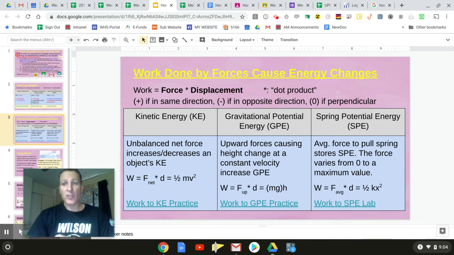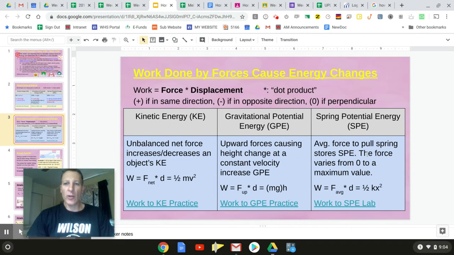Lastly, spring potential energy is a little bit more complicated, and that's because when you are applying a force to a spring, as we've gone over before with Hooke's law, the force needs to get stronger the further the spring stretches, right? So your force is not constant. So for the work done by this force, you'd have to use the average force.